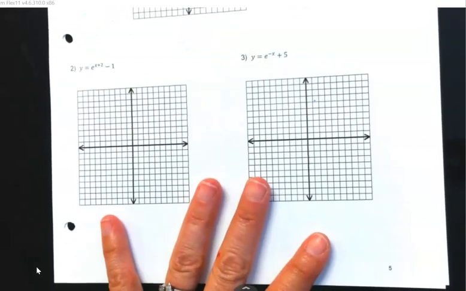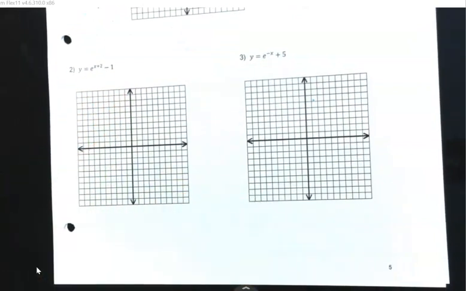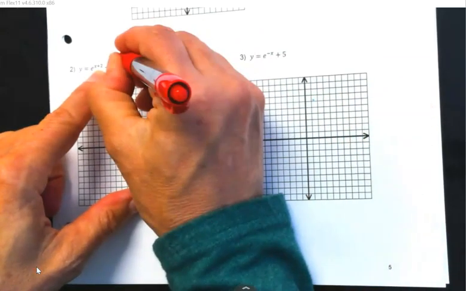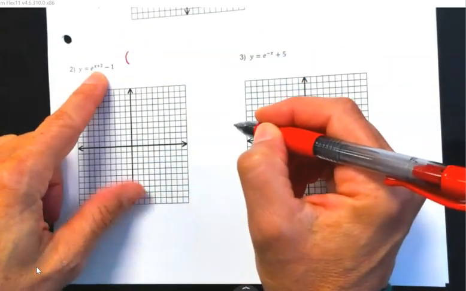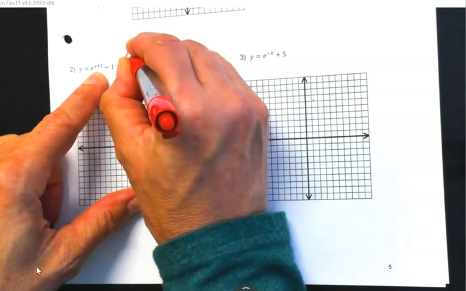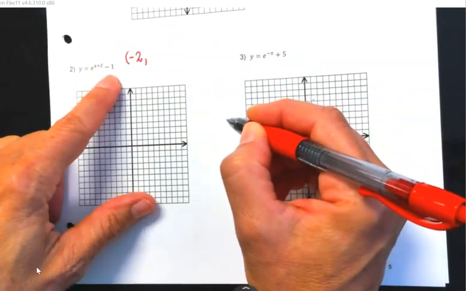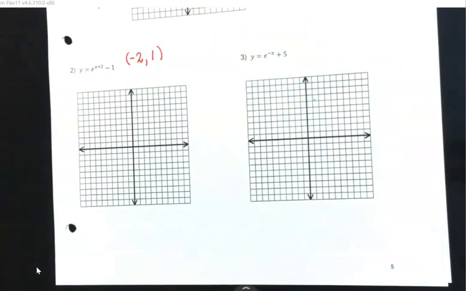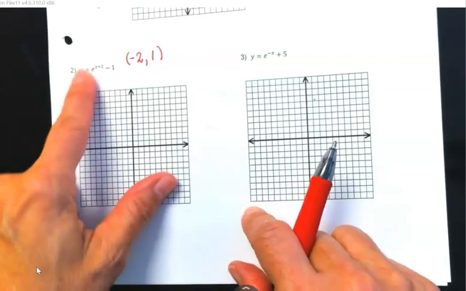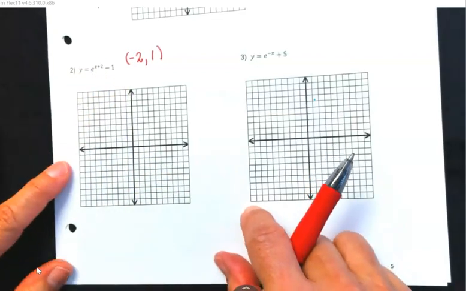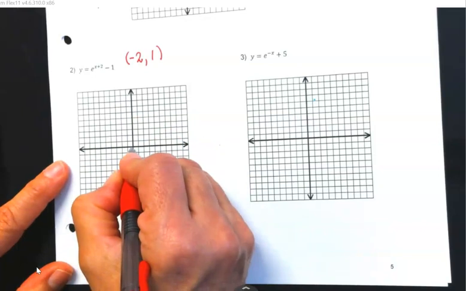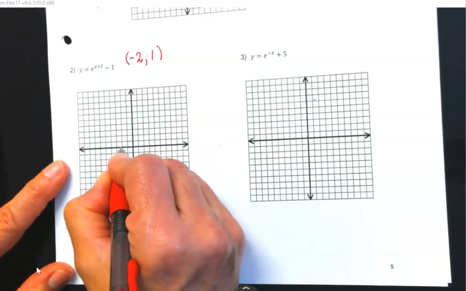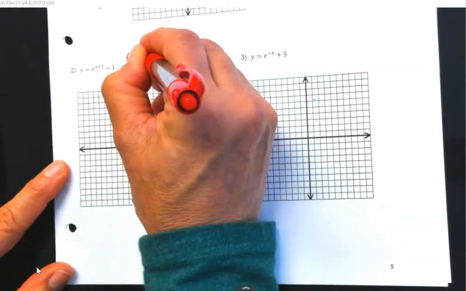All right, so for problem number 2, you've got your translations coming back. Let's talk about what those translations are. Your graph is going to be shifted 2 places to the left, and it's going to be shifted 1 place down. So again, if we move our starting point, we are going to address both of these translations at the same time. So let's move our starting point 2 places to the left and 1 place down.